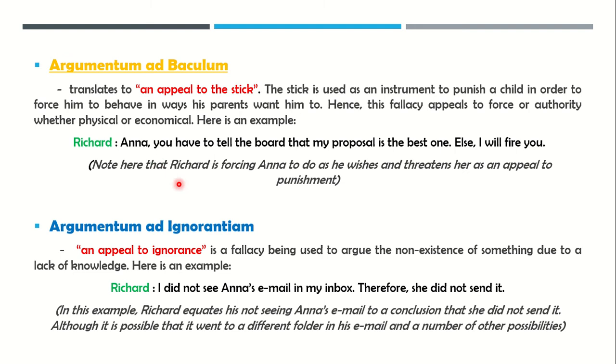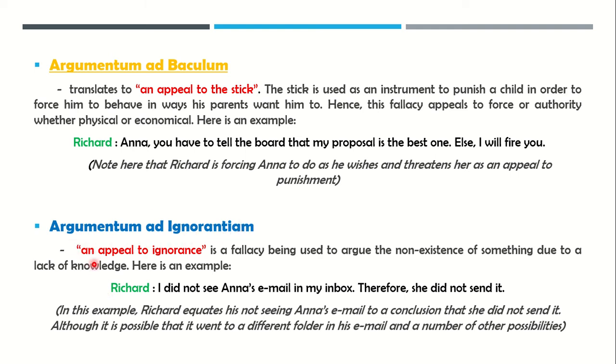The manager is trying to threaten his employee and trying to be in charge of the actions that an employee should follow. So mao na siya pasabot sa argumentum ad baculum. Now, the next one is the argumentum ad ignorantiam.